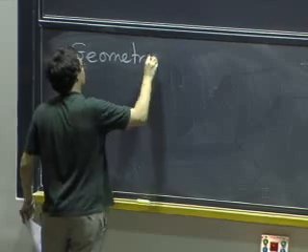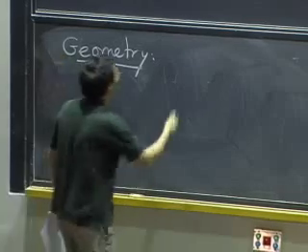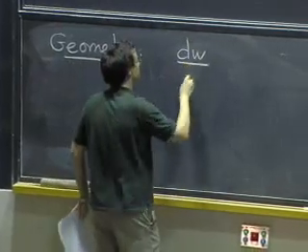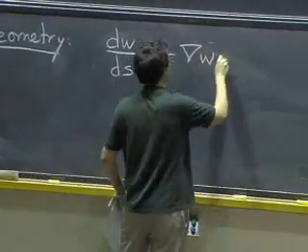Okay, let's do a little bit of geometry here. That should calm you down. So we said dw/ds in the direction of u is gradient w dot u.